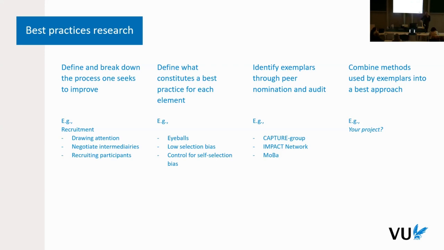For example, the Capture group, a research group in Amsterdam, has been highly successful in reaching eyeballs. If they put out on social media a call for participation in a study on birth trauma, they immediately get 1,000, 2,000, 3,000 participants. It's quite amazing.